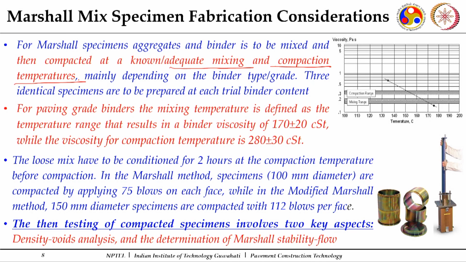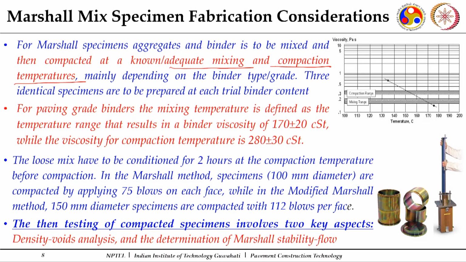In many cases, the agency which provides the binders, specifically the modified binders, on the basis of their experience during the development of their binders, recommends that for these binders it is preferable to use these mixing and compaction temperatures.